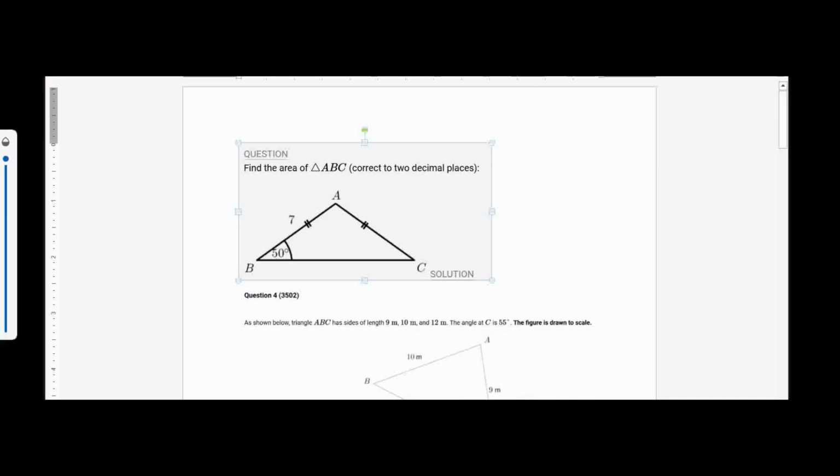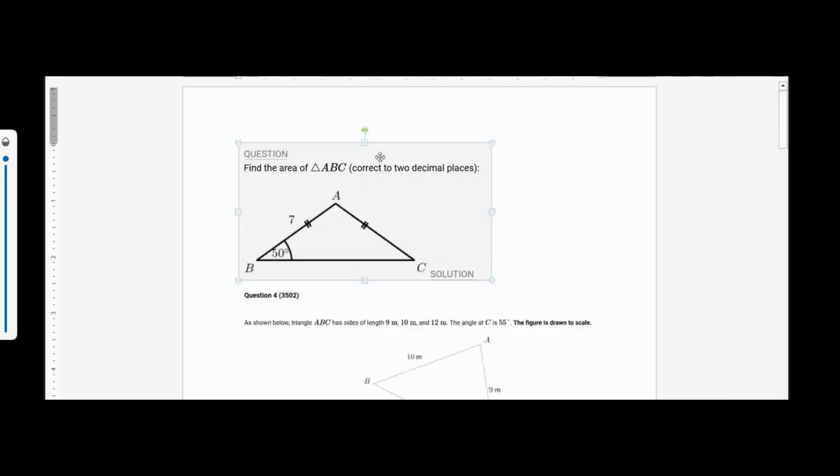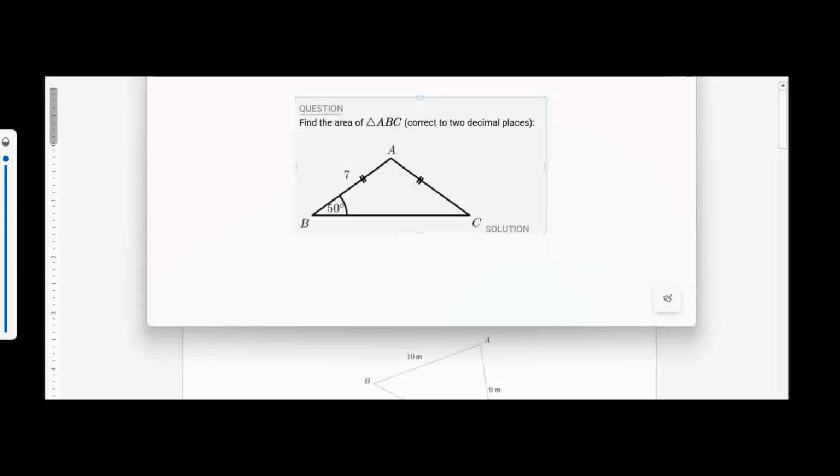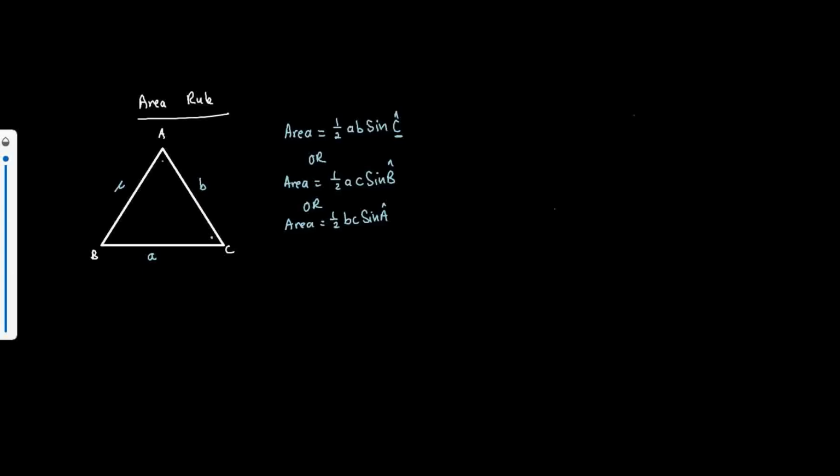Okay, let's do this. It's a much longer process, but I want to get the question. You can see the question is here. Right, now let's see. There we are. Right, okay.